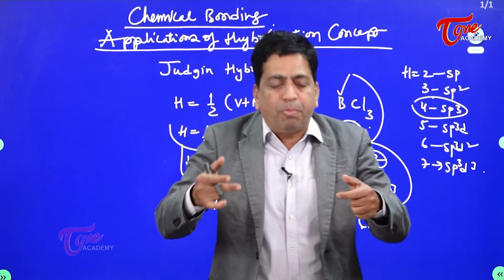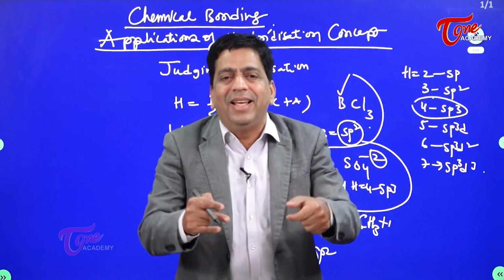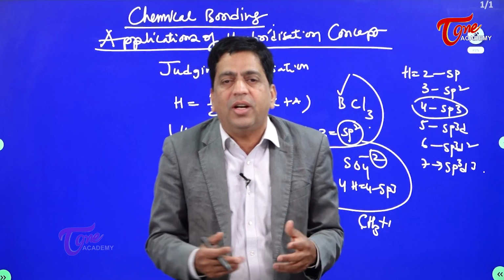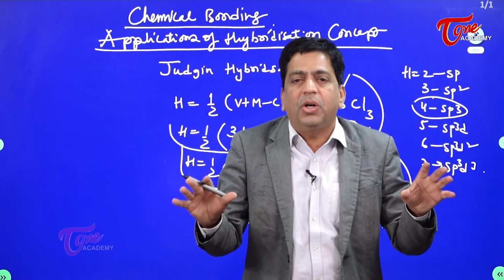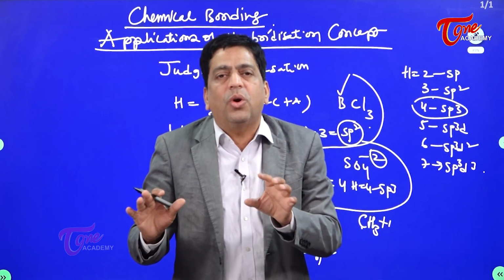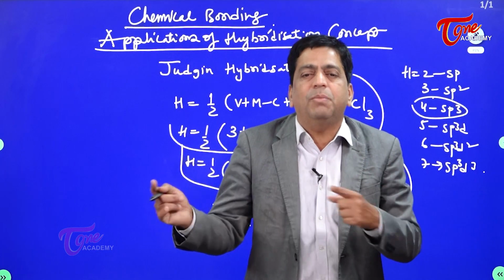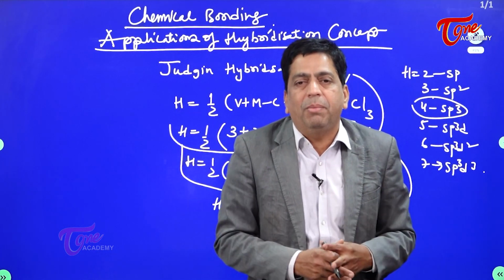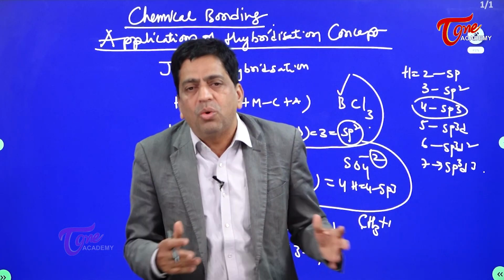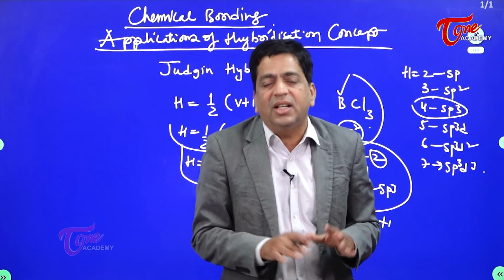It is the result of p and p overlapping sidewise. Pi dp is p and d overlapping sidewise. So the pure orbitals p and p, you get pi pp. The pure orbitals p and d overlapping, you get pi dp. And he will ask you to count the number of pi pp bonds and pi dp bonds in the exam. That is a critical question.